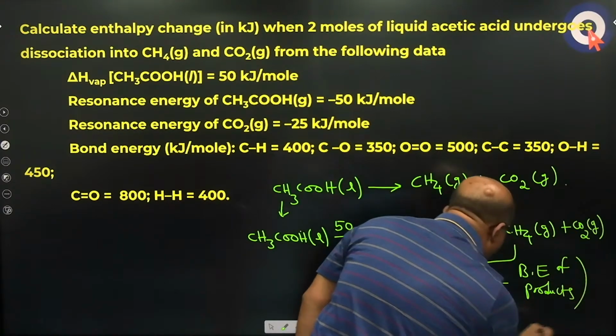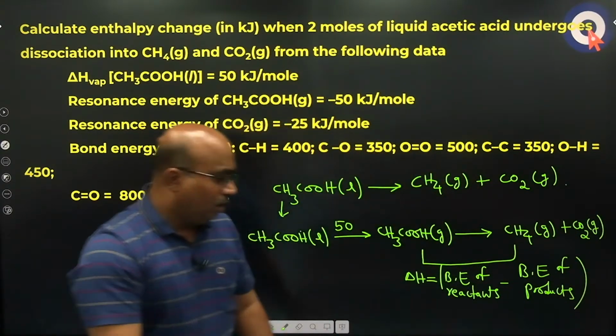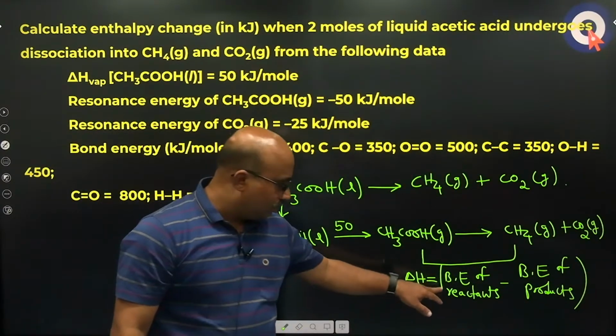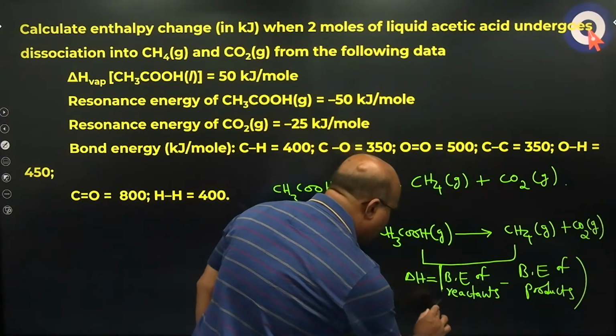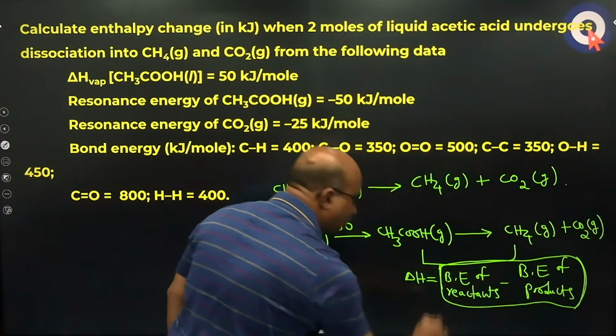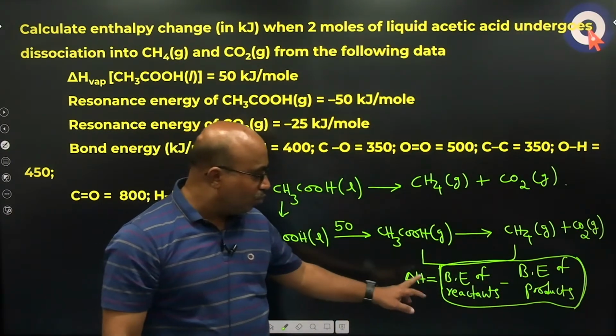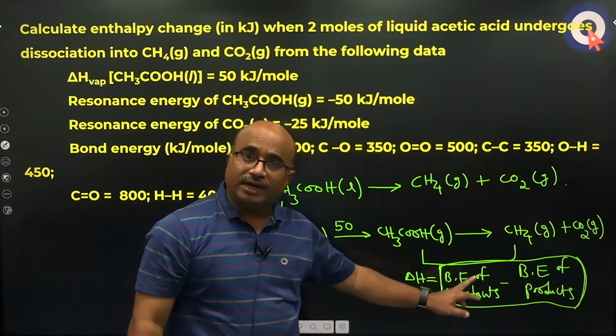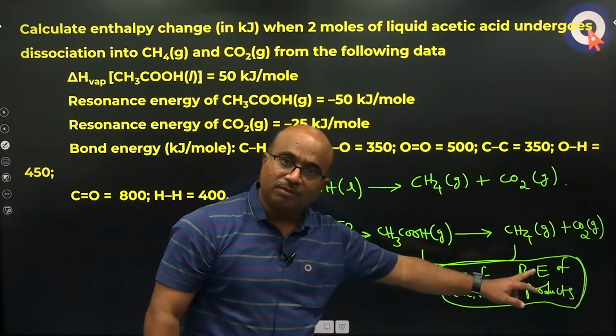So when we use bond energies to determine the enthalpy changes of the process, we can determine it through the bond energy of reactants minus bond energies of products.